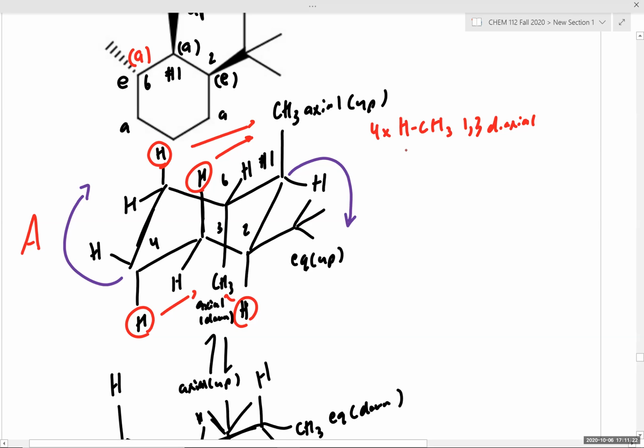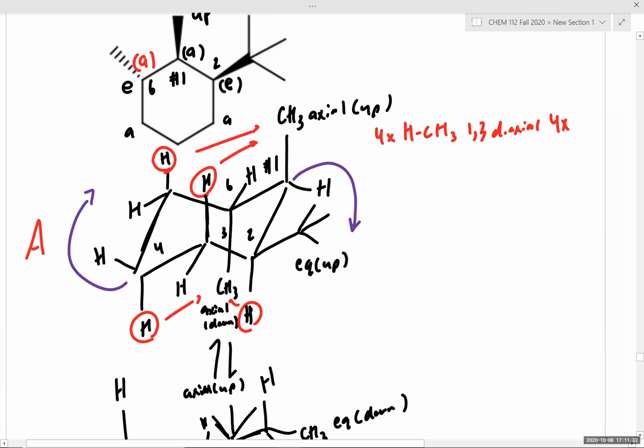And would someone remind me, what's the value of a 1,3 methyl hydrogen diaxial interaction? How many kilojoules is that worth in terms of energy? It's very similar to a gauche methyl interaction.